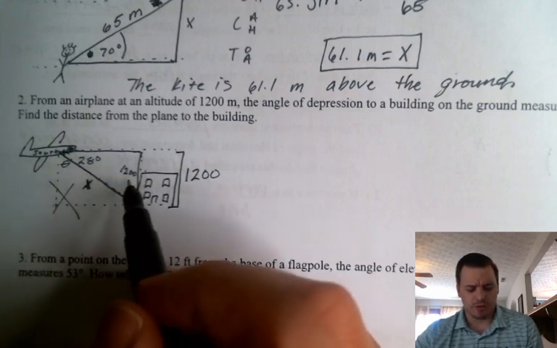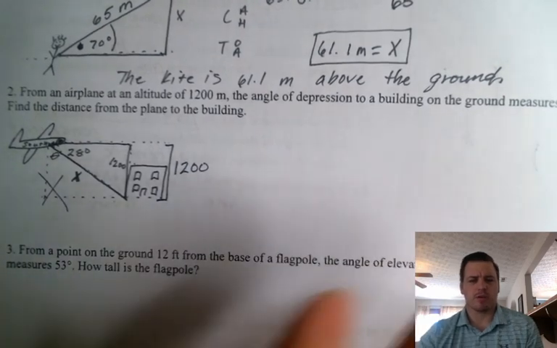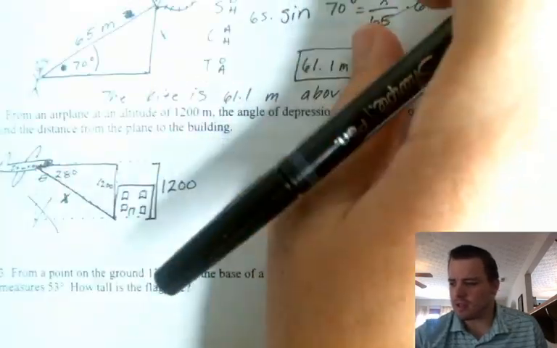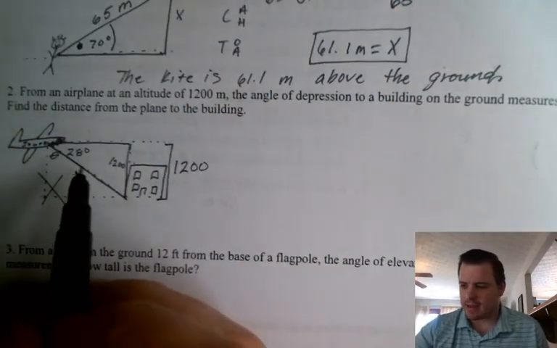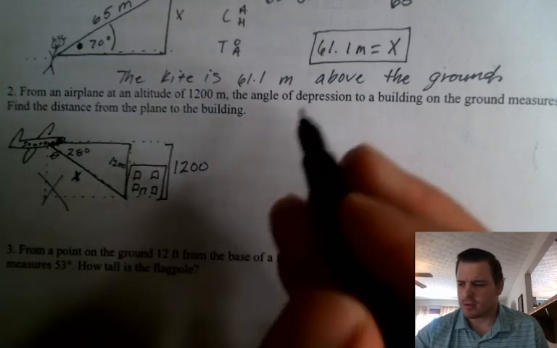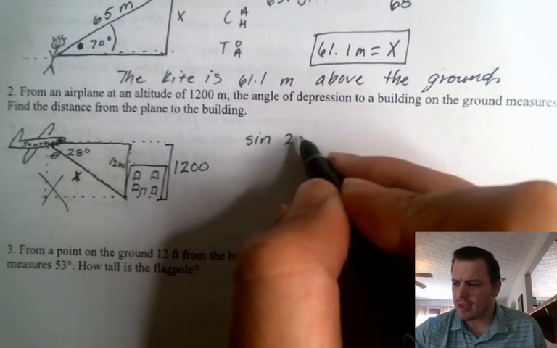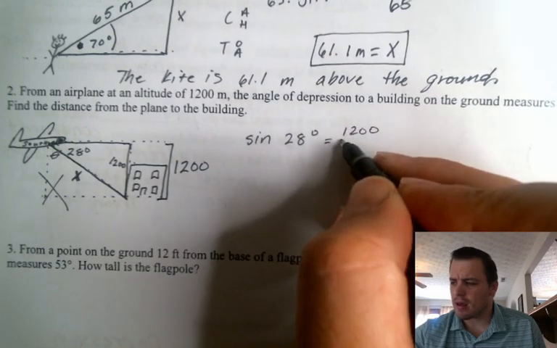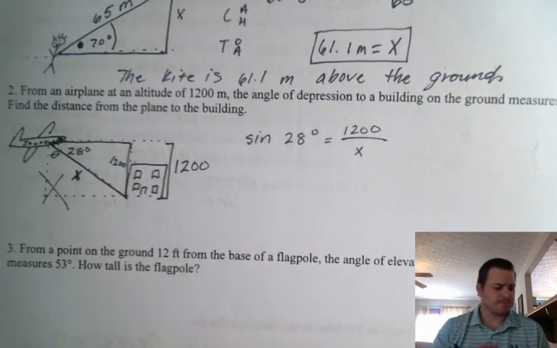So what should we do? Sine, cosine, tangent? If you had to use a reciprocal function, you could, but I'd try to avoid them if you can. So what we're going to use here should be sine. Yeah, very good, Christina. So opposite over hypotenuse. So sine of 28 degrees is equal to opposite over hypotenuse.